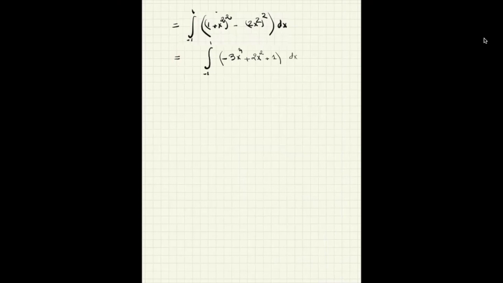Okay, which is equal to between 2 minus between 1 and -1, which is equal to -2. Okay.